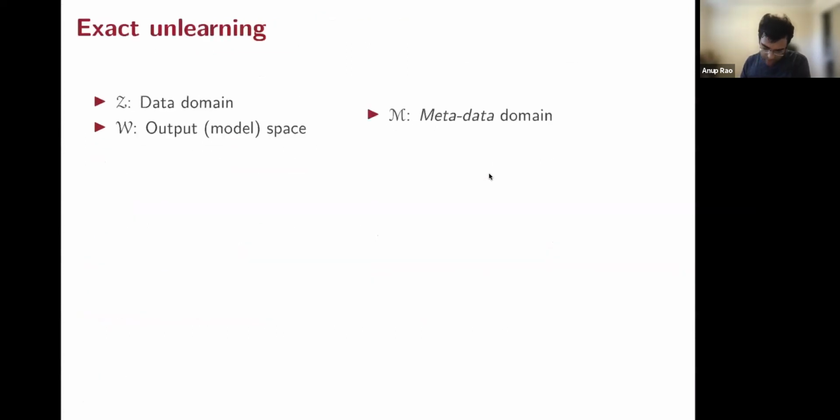Just to define what we mean by exact unlearning, let's start with some notation. Z is our data domain, so our data set contains, say, Z1 to Zn, and these are all part of the big data domain.